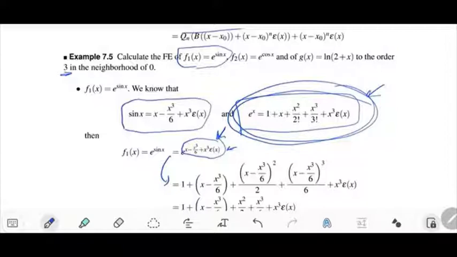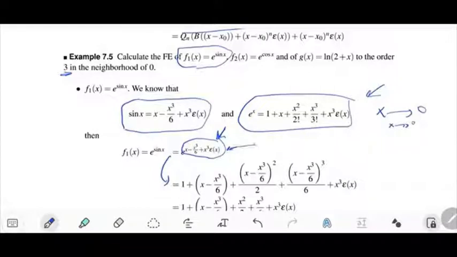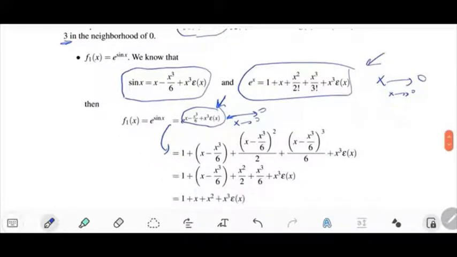Again, this is true in here, so this is true only if x goes to 0. So if you want to replace x by something, this something should go to 0 as well when x tends to 0. So since this goes to 0 when x tends to 0, then we have the right to replace it. We replace it, and then you have this whole expression.